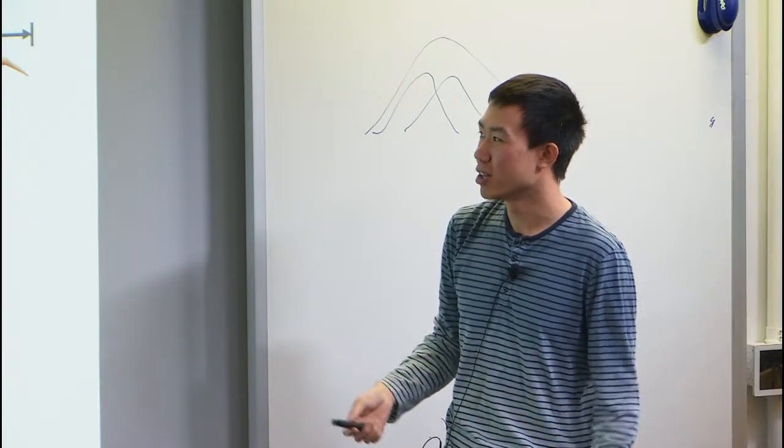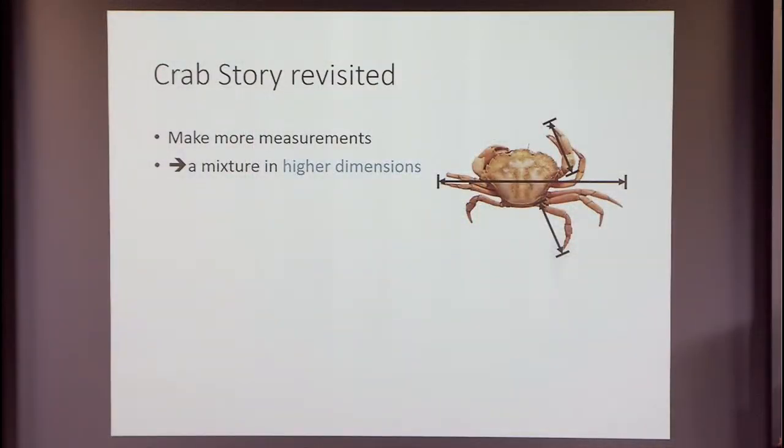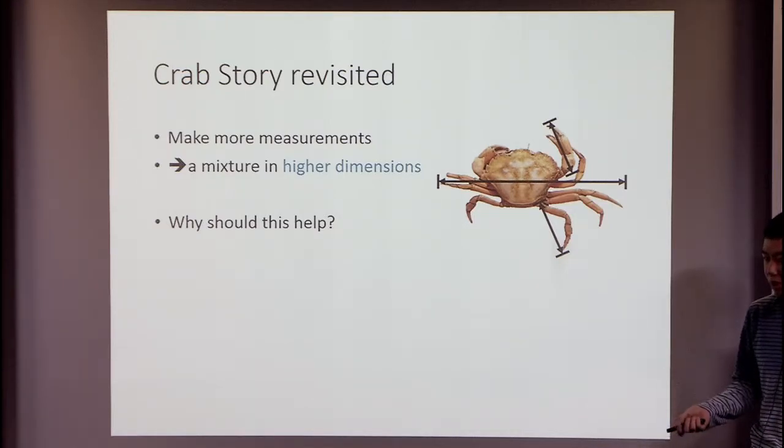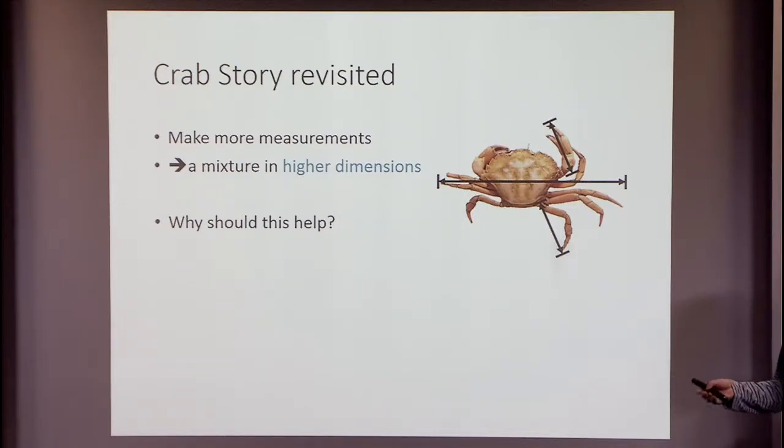So why do we think that having a mixture of Gaussians in higher dimensions should help us? Well, because usually higher dimension things are harder to compute, but in this case, higher dimensions give us much more information. In particular, if we use the method of moments: in one dimension, the first k moments just give you k numbers.